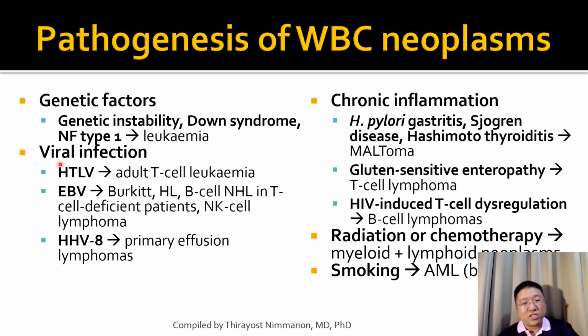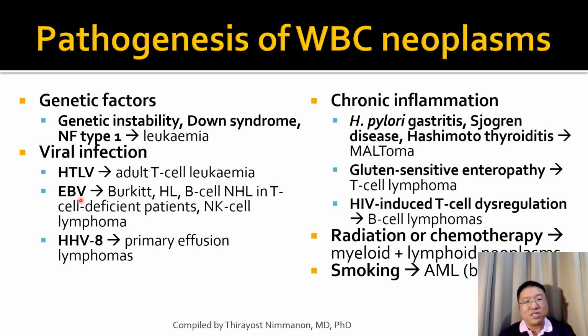Some viral infections are known causes of leukemias or lymphoma. For example, human T-cell leukemia virus. So the name is very clear. It is a cause of adult T-cell leukemia or lymphoma. And EBV, Epstein-Barr virus. The infectious disease caused by this virus is infectious mononucleosis.